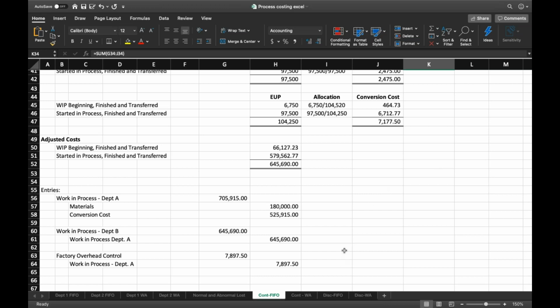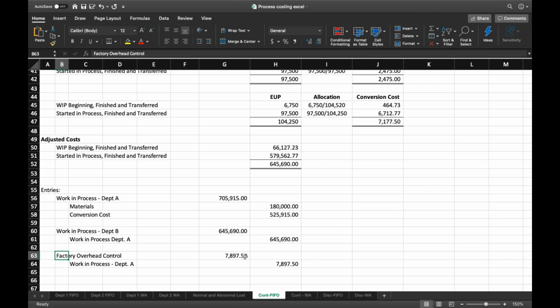Pero this time, sa process costing natin, ang entry natin is debit factory overhead control, credit work in process Department A. The factory overhead control, when we present this one, hindi siya kasama dun sa over and under natin.